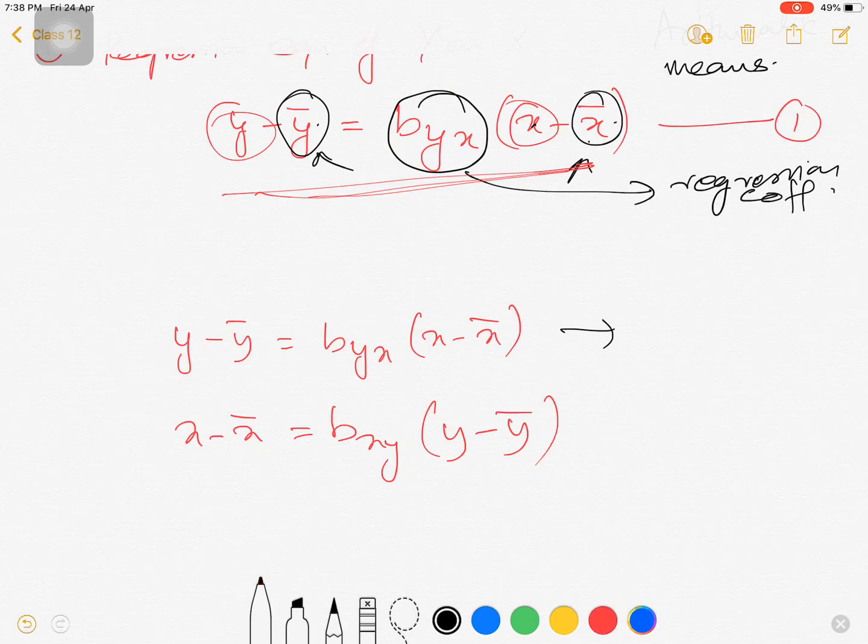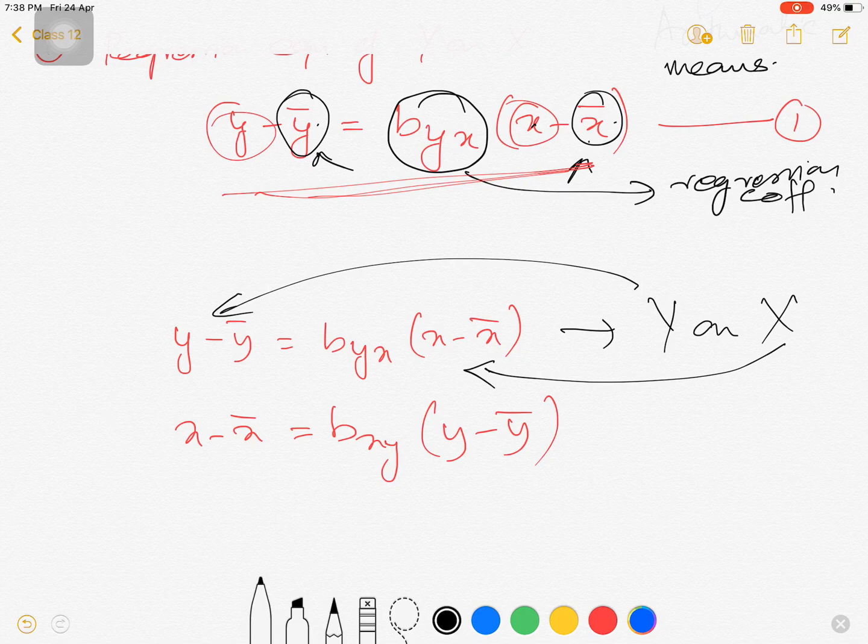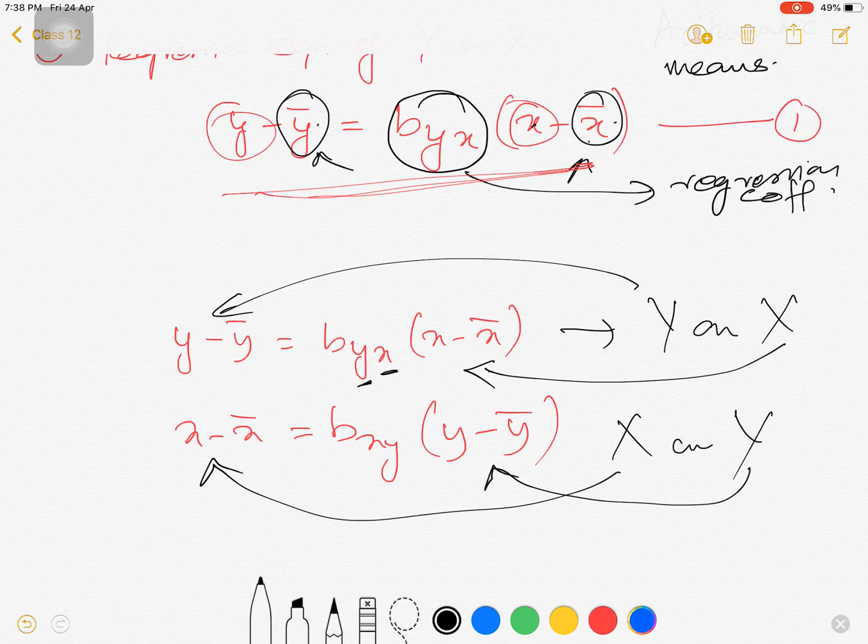When I say y on x, y is right in front and x comes later. Similarly here, y in front, x later. When I say x on y, x is right in front on the left-hand side and y comes later, and here also the sequence is x, y. Please understand this properly. These are the regression equations. This is equation number 1 and this is equation number 2. Great.